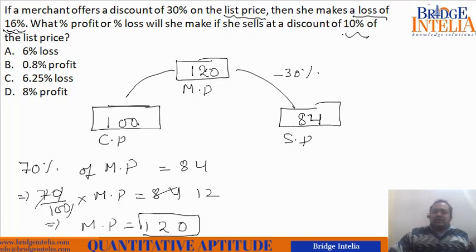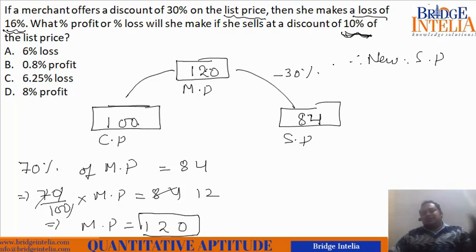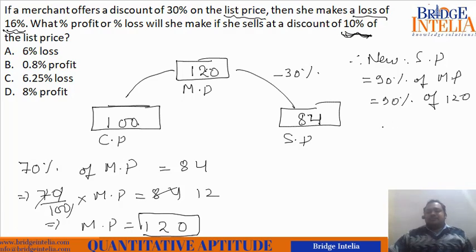Now let us offer a discount of only 10%. Therefore new selling price: you are offering a discount of 10%. That means you want your customer to pay only 90% of marked price. Marked price is 120. So this is equal to 108.